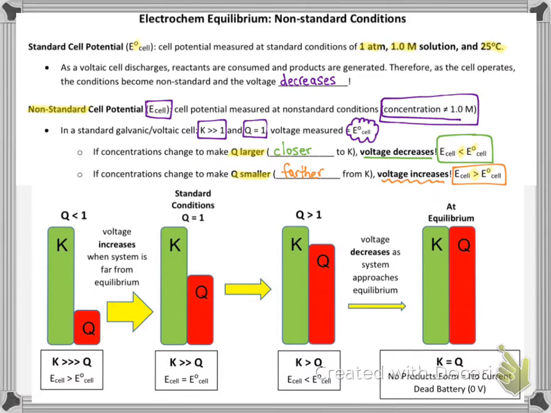So let's try to look at this visually. We already know what happens at standard conditions, where Q is 1. Q is automatically less than K, of course, since K is greater than 1 in a spontaneous reaction. And so the cell potential you're measuring is the standard cell potential. And that will run all the way to reach equilibrium when you have a dead battery.